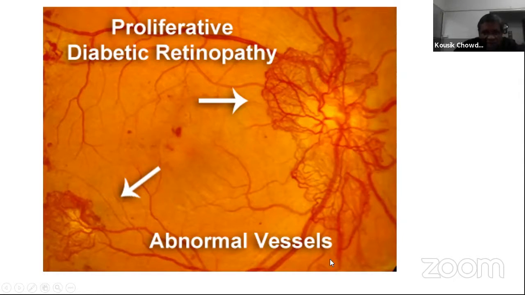These new vessels are fragile and can form a membrane over the retina. And this is also new vessels, a network, and these new vessels form a membrane, and the membrane gives traction to the retina. In this case it is called tractional retinal detachment, I am coming to that.